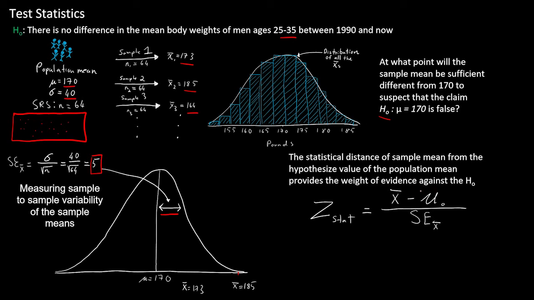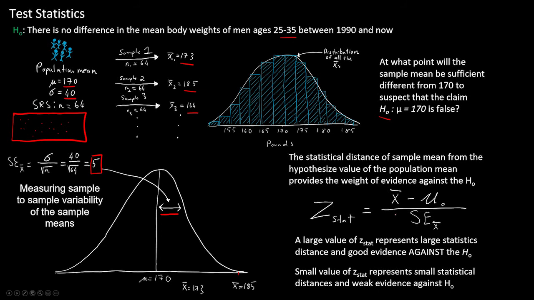And then the standard error is what we calculated earlier, which is 5. Essentially, a large value of z-stat represents large statistical distance and good evidence against the null hypothesis, and a small value of z-stat represents small statistical distance and thus weak evidence against the null hypothesis.